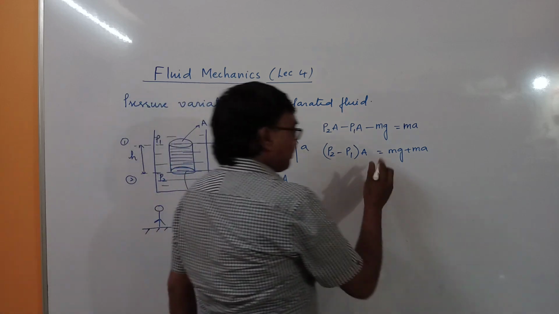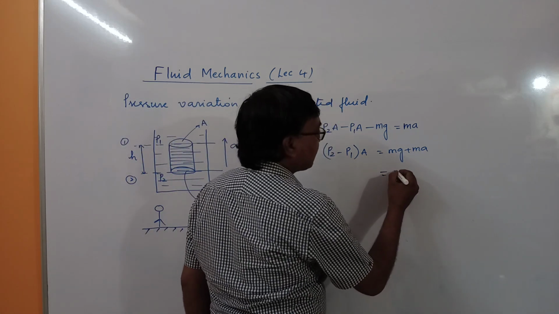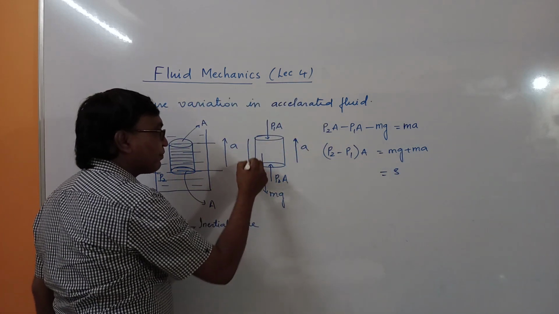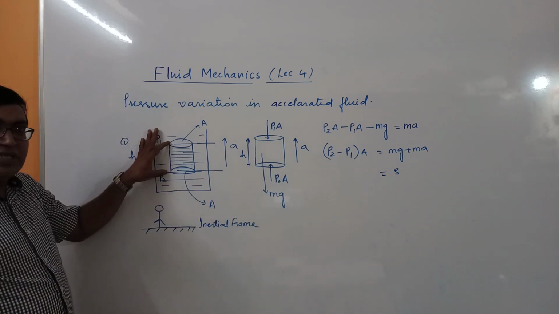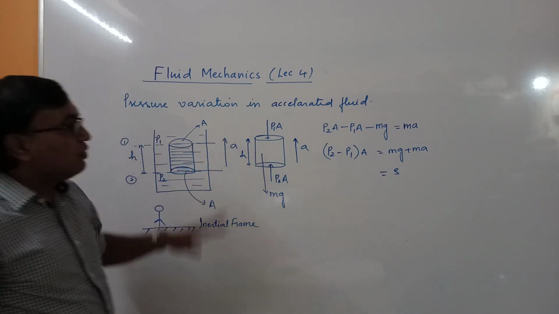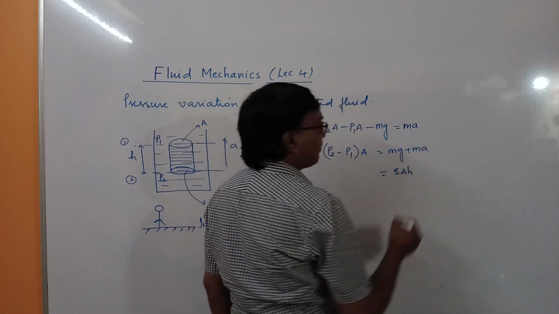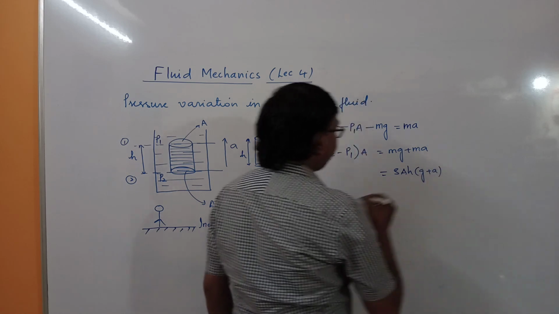Now we can write the mass as density into volume. We have considered the difference in levels as h, so volume will be the area of cross section into height h. So (P2 minus P1) A equals rho A h into (g plus a).